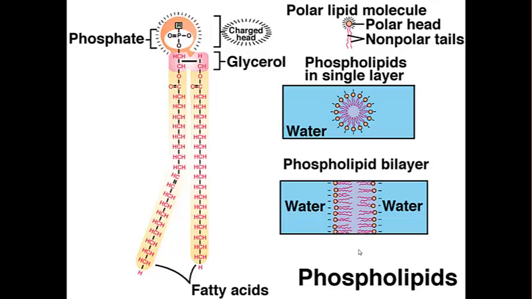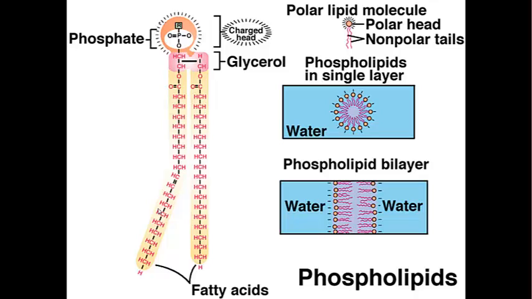Okay, so let's look at the phospholipid. The phospholipid bilayer is this part right here, where water is on both sides. Now, the thing about the phospholipid is that it has a polar head and non-polar tail, which means that this part, the fatty acid chains, are scared of water. They're what they call hydrophobic.